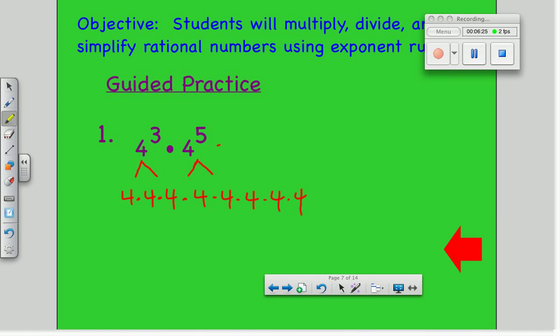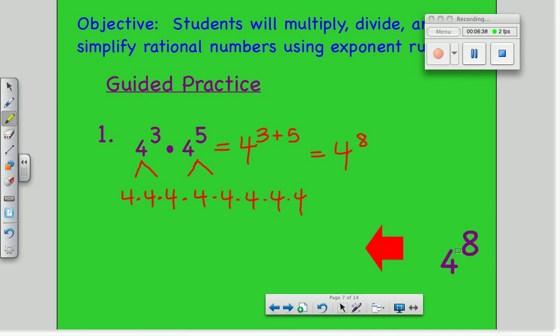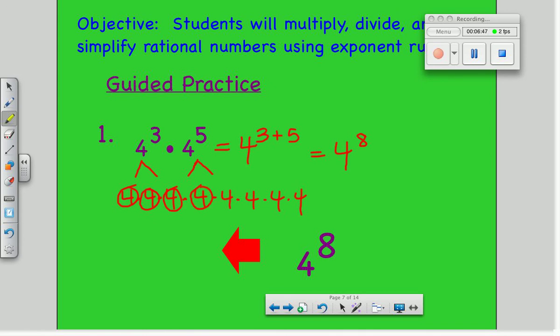So, my base is 4. My exponents are 3 and 5. 3 plus 5 is 8, so we have 4 to the power of 8. And if you count them, you'll see there's 8 fours. 1, 2, 3, and then 5 more. 4, 5, 6, 7, 8.